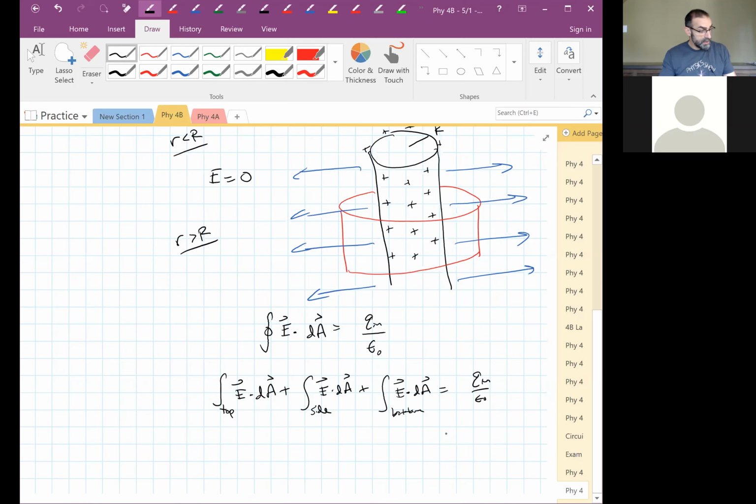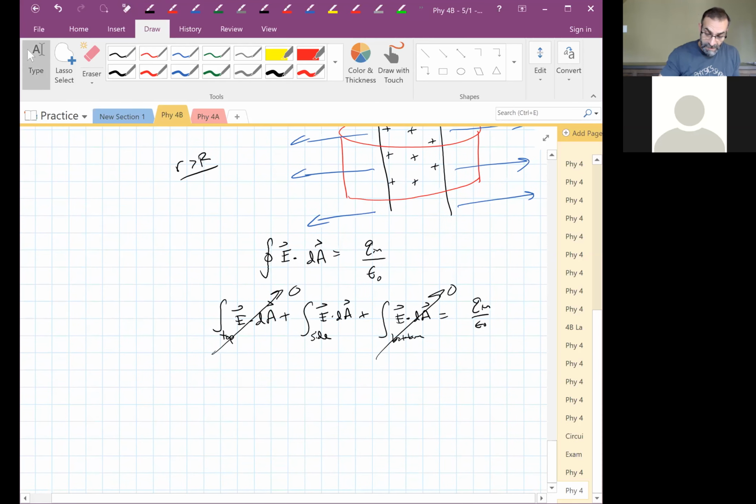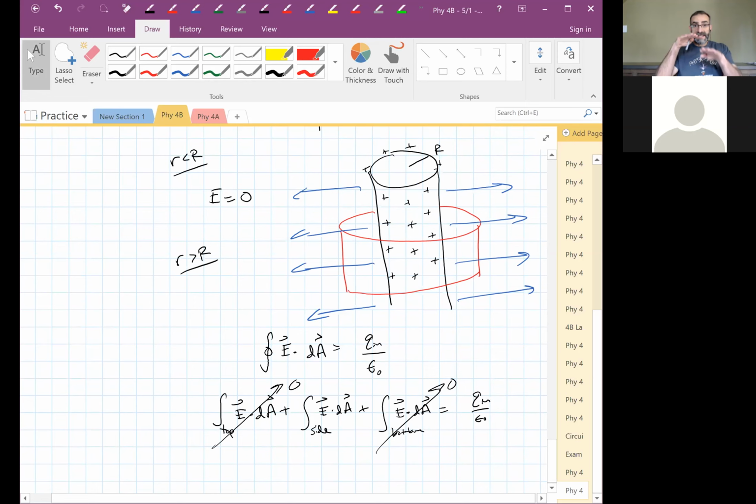And the integral over the top and the bottom of E dot dA are going to be 0, because you can see the field lines are coming out and they're not penetrating the surface, right? So the dot product gives us 0 there.